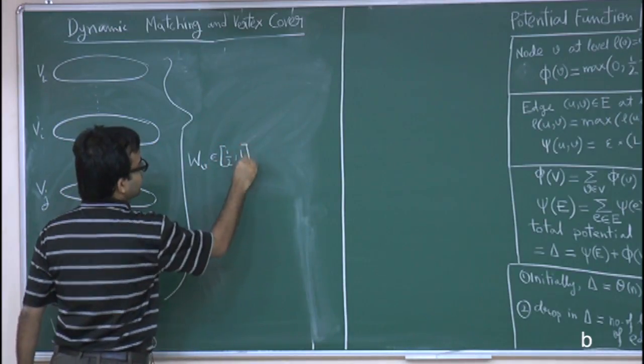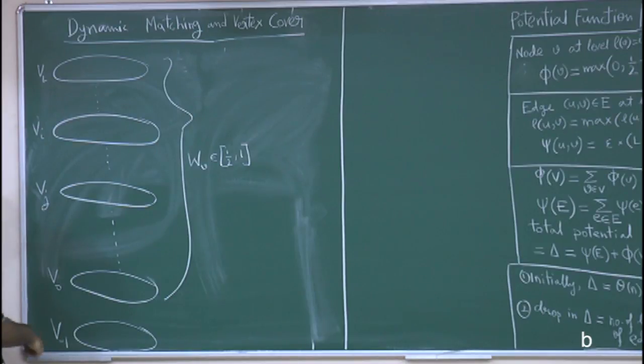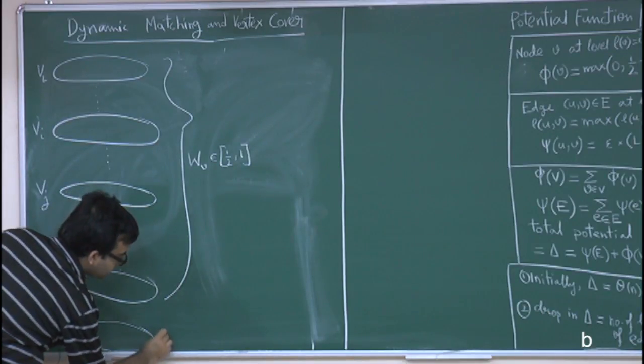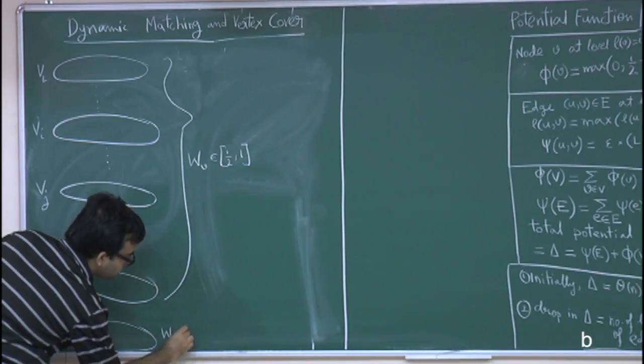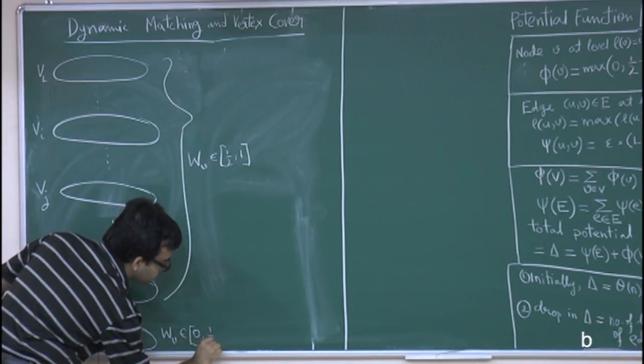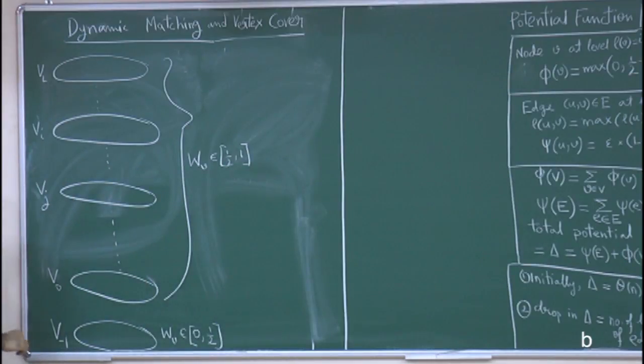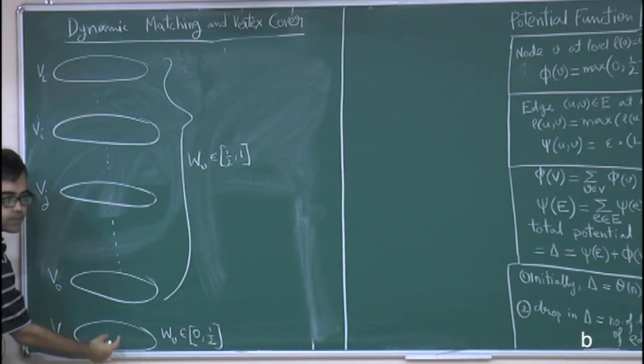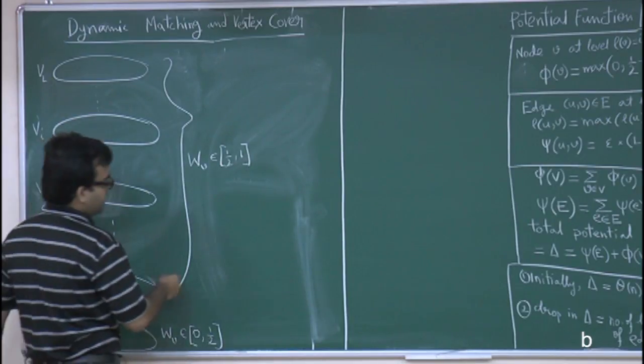So, this node will be approximately tight. If you look at any node in level minus 1, its weight will be between 0 and half. So, this node will be slack, and finally, every edge will be incident upon the node set V0 to VL. So, there will not be any edge between two nodes in level minus 1. This also we discussed in the last class.